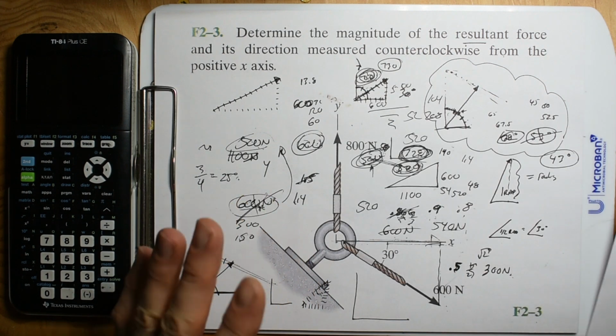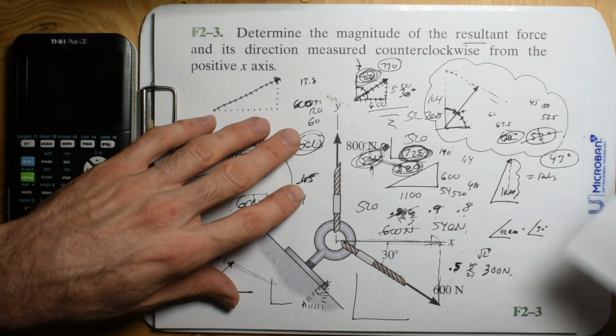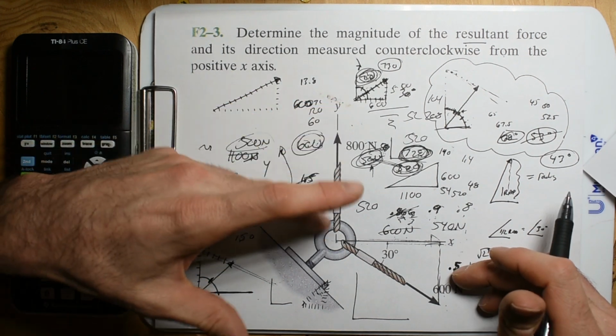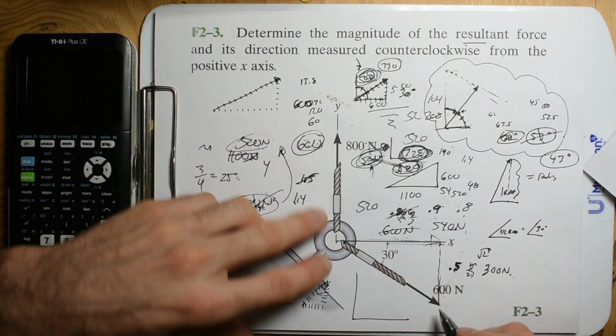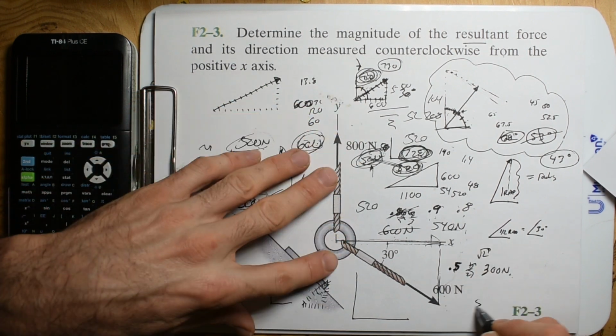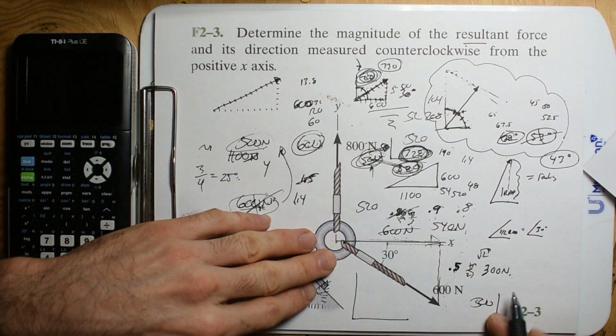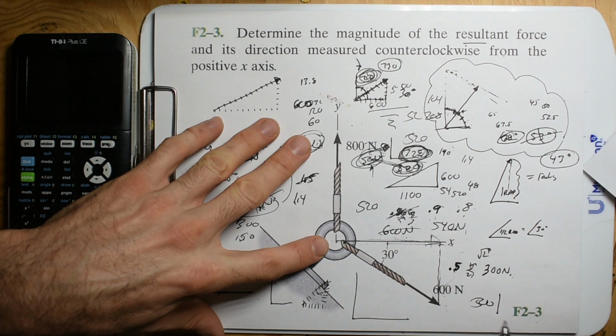But still, I'm going to end this video by going back to the roughest guess. It was 800 minus 500. No, 800 minus 300. So that's going to be 500 in the up direction. And then sideways, we're going to have 600.